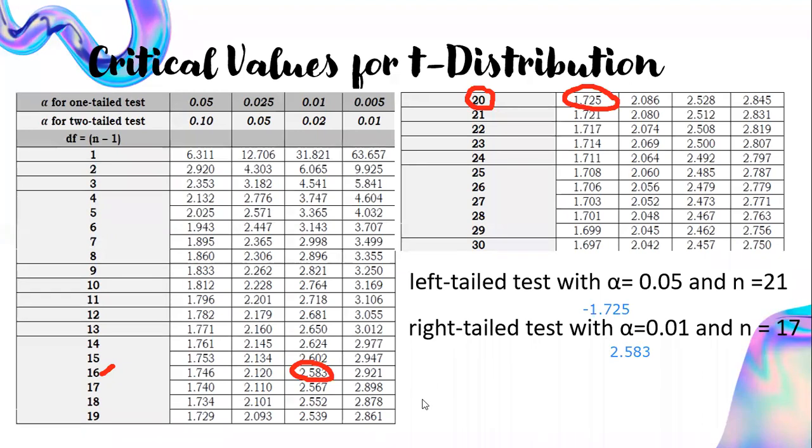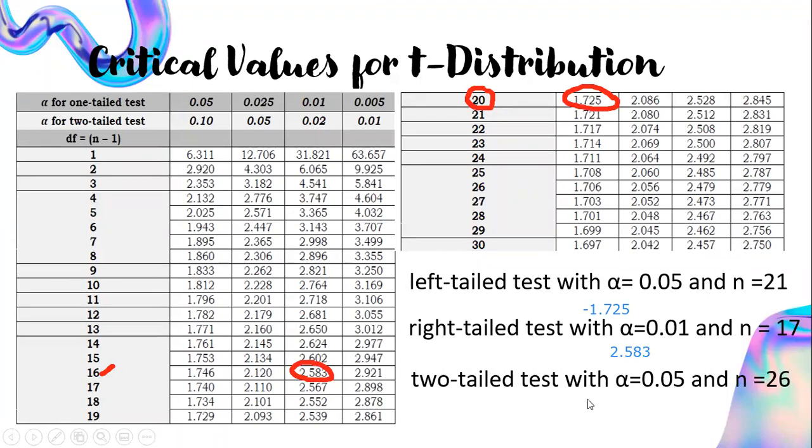But for the last example, what if you have a two-tailed test with alpha equal to 0.05 and your n is equal to 26? Remember that you need to subtract 1 from 26 and that will be equal to 25. So where's our 25?